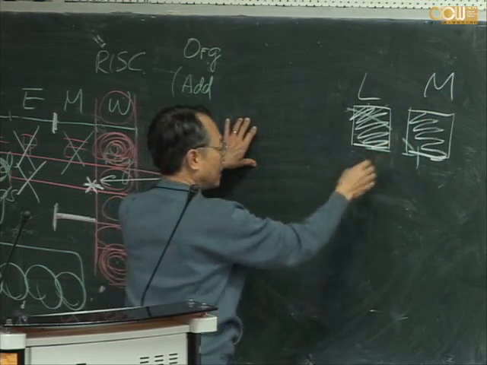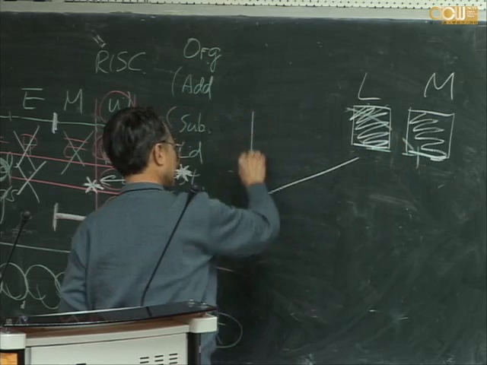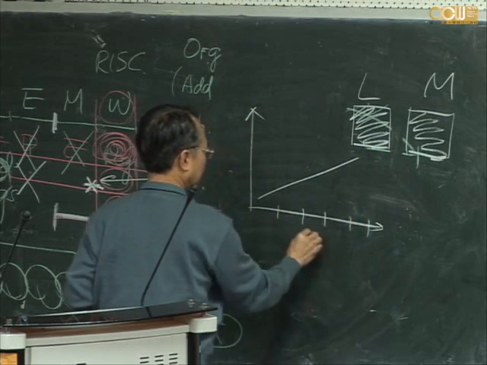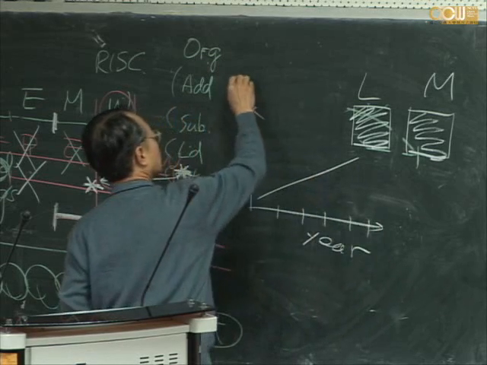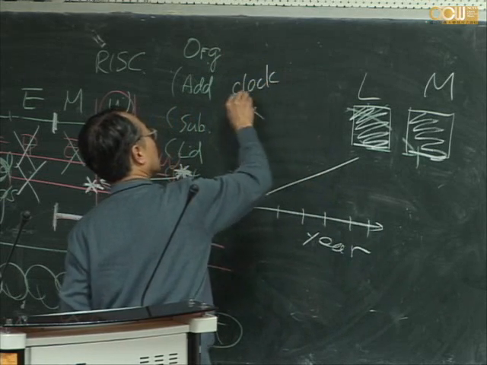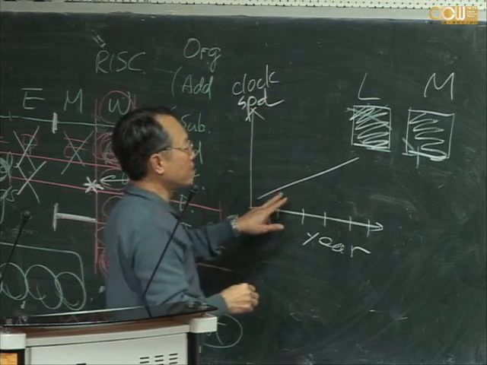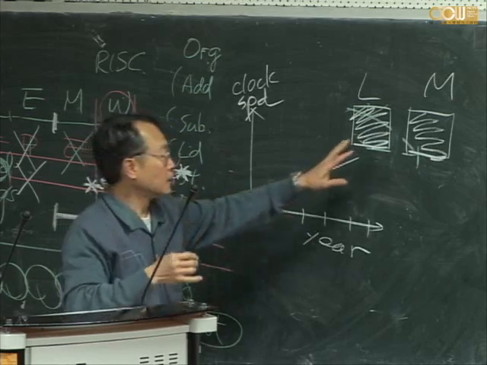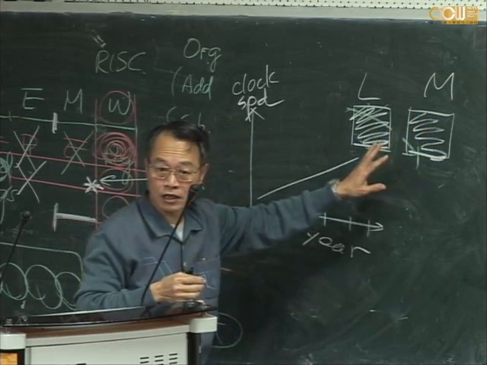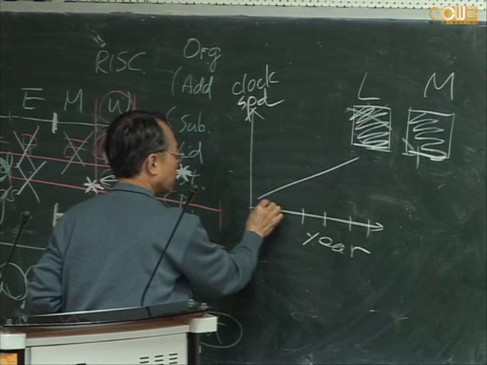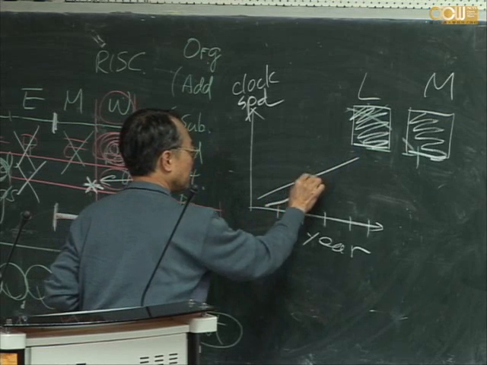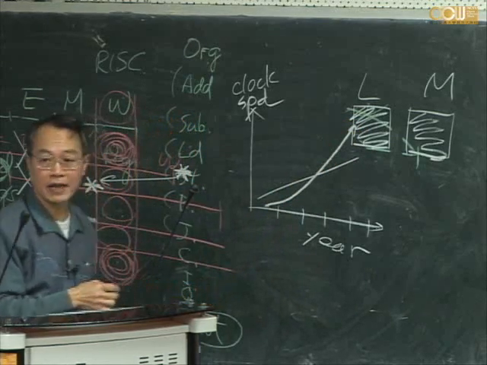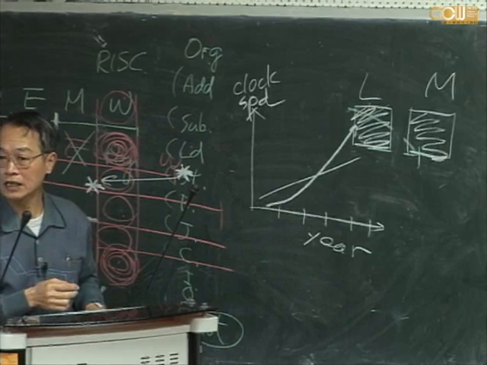Long time back, the memory chip has higher clock rate. Here, this is the clock speed. Long time back, memory has higher clock rate because its structure is very regular. CPU has lower clock rate, but then CPU has a much higher clock rate increase than the memory. Do you know why?